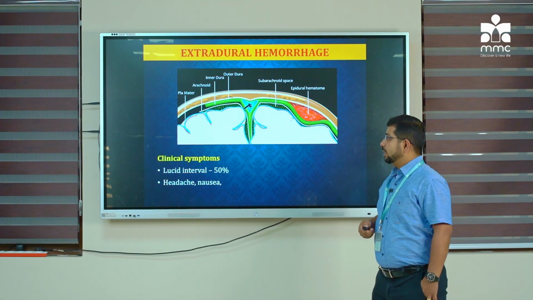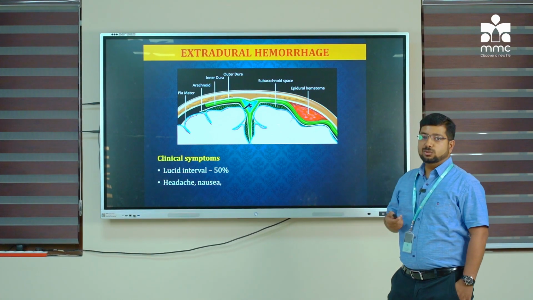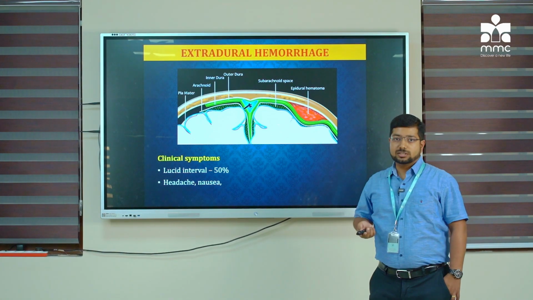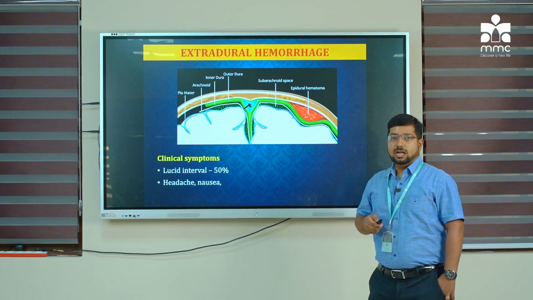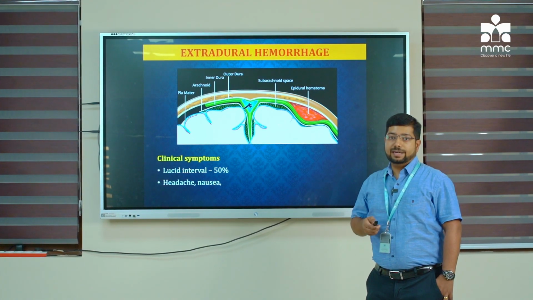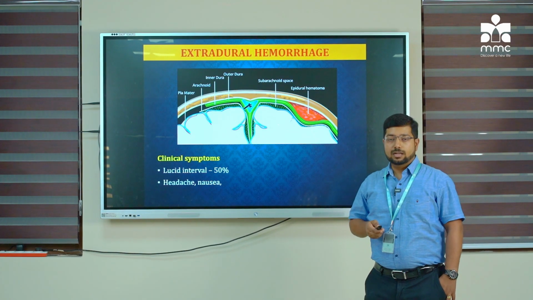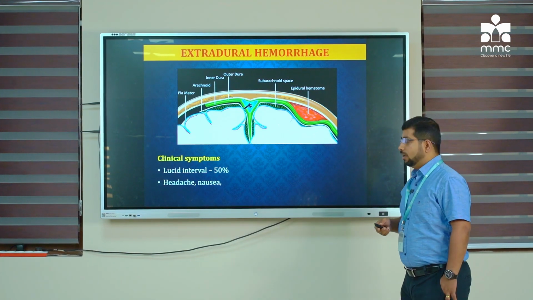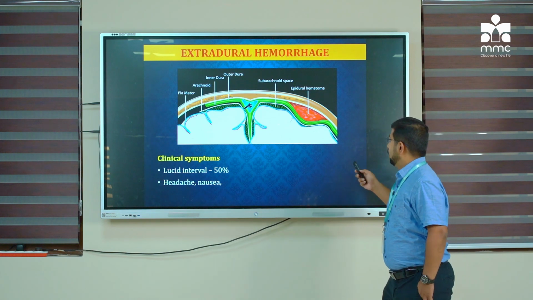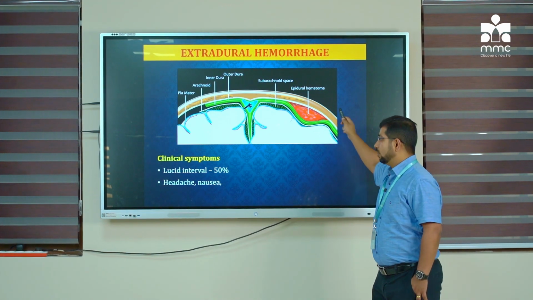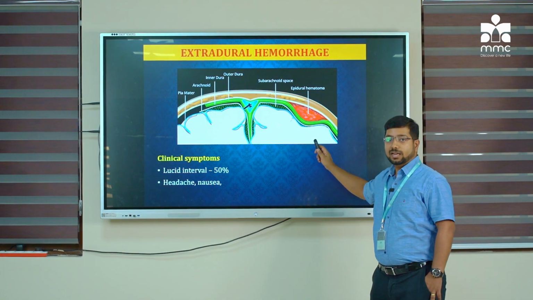The patient usually has a lucid interval. What is lucid interval? The patient falls, then has loss of consciousness. Then the patient regains consciousness, and walks away or drives his vehicle and goes. After some time, the patient has loss of consciousness again. This is called lucid interval. Why does it occur? Due to the initial impact of the shock, the patient may lose consciousness.